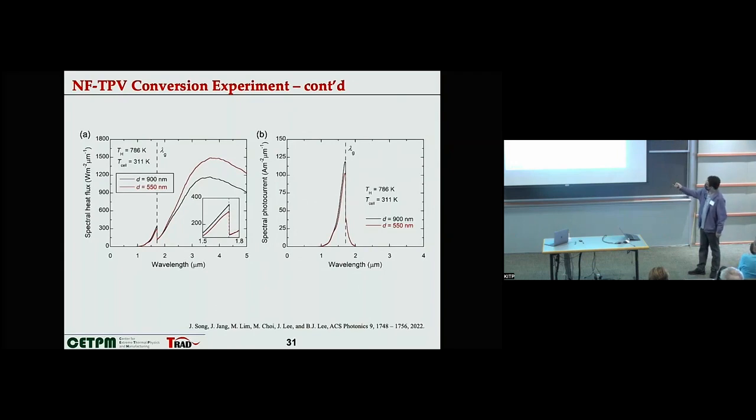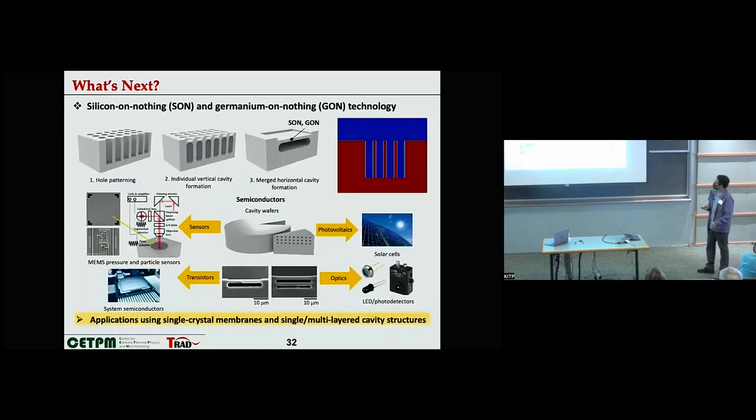But if you use the PV cell, because of the band gap, it cuts off. The Planck distribution has a long wavelength filter, and the PV cell has a short wavelength filter. If you combine those two, what we are actually doing is just like measuring the spectral peak of the radiative heat transfer. That's what we ended up with.